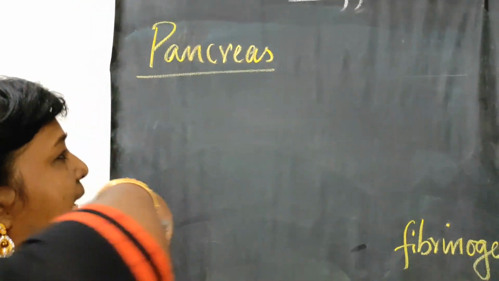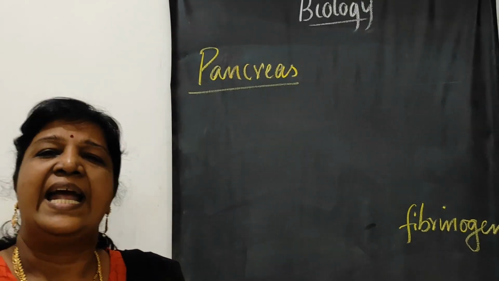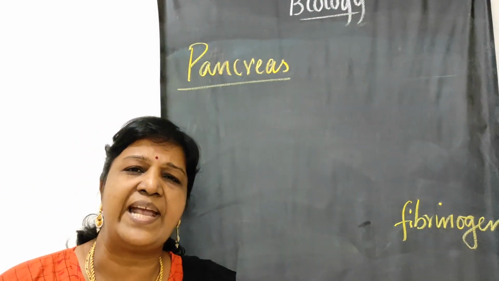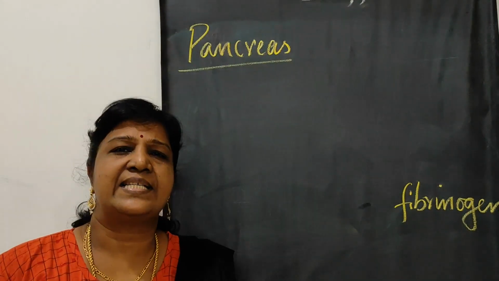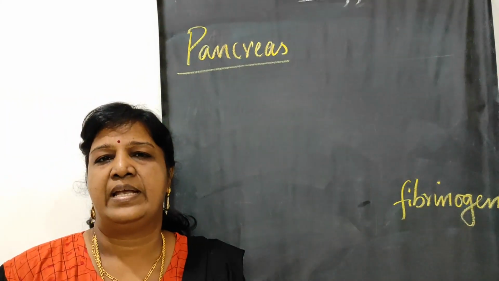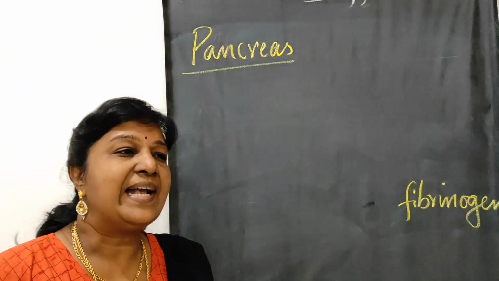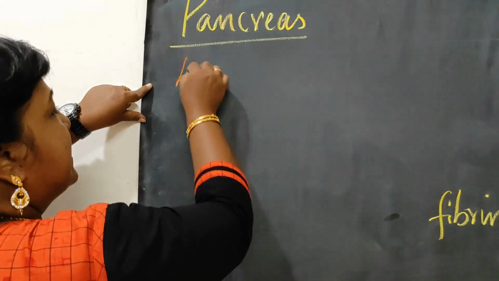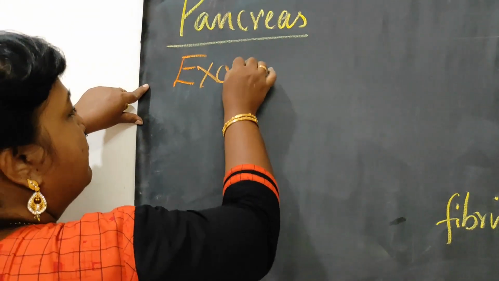The pancreas is a leaf-like structure and is seen between the stomach and the duodenum. This pancreas acts as both an exocrine and an endocrine gland.